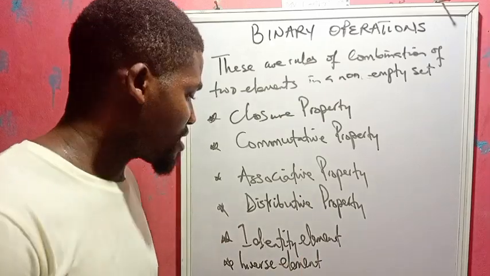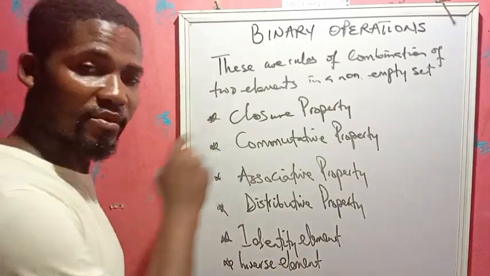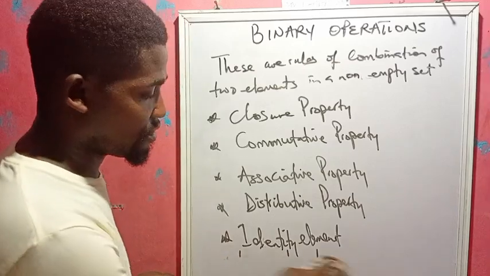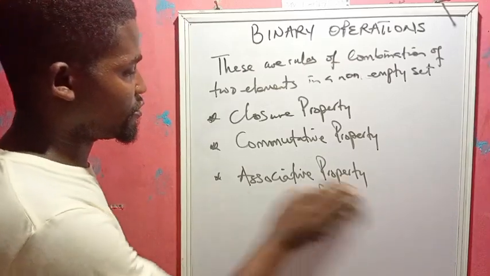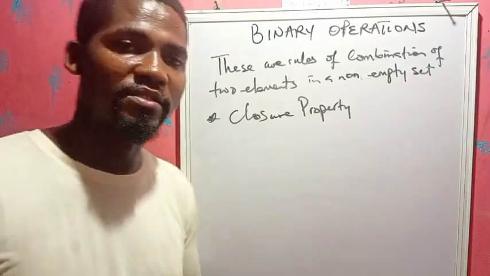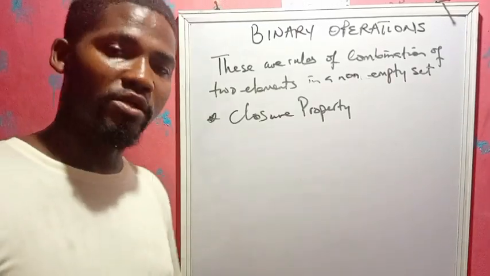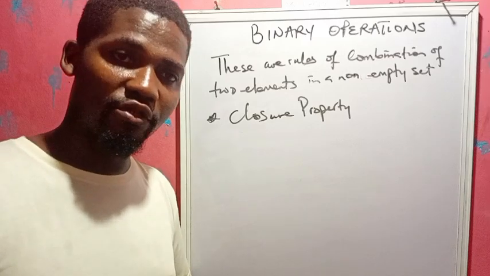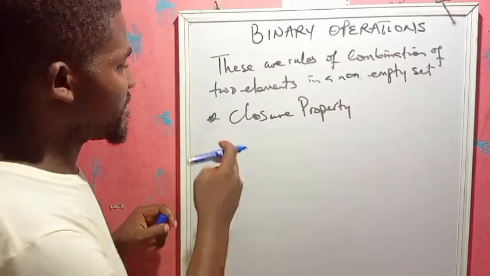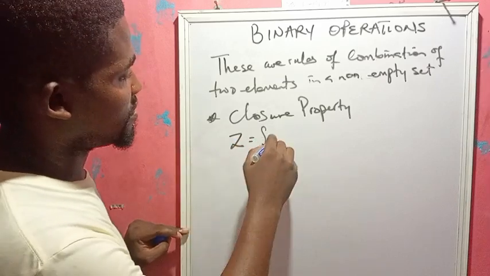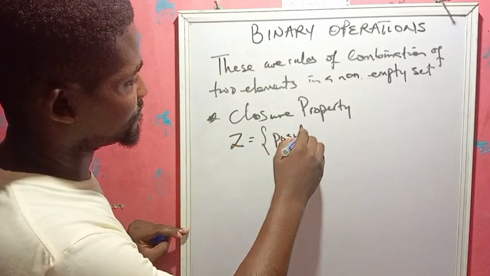Now let's look at the first one, closure property. In closure property, we are looking at a set closed under an operation, depending on the nature of the set. Let's say Z is a set of positive integers.